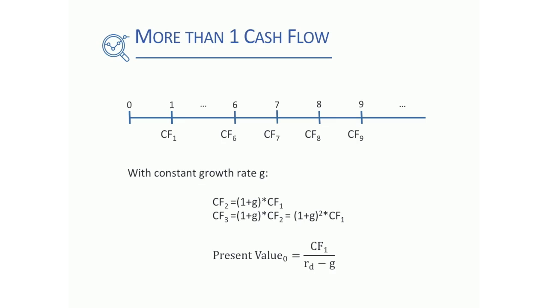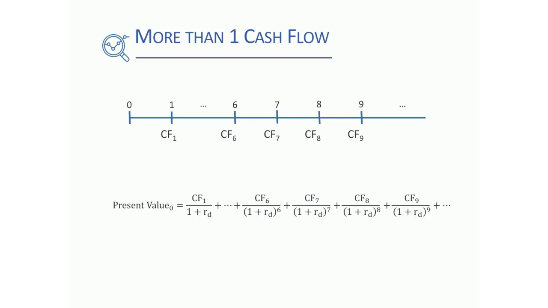Now, this turns out to be a very important special case of a sequence of cash flows, and I will explain in a lot of detail why that is. But there is a formula for the sum of all of these cash flows that are growing at a constant rate.